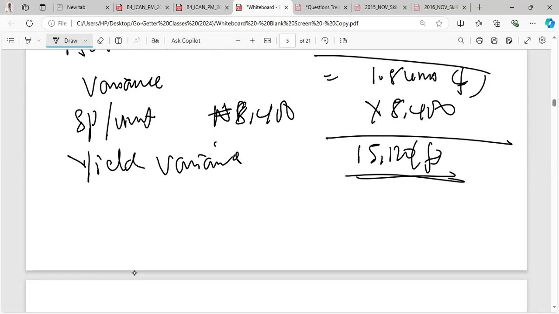Okay. And we say direct material usage variance is the same thing as mix plus yield variances.